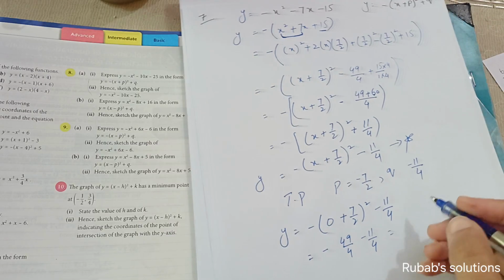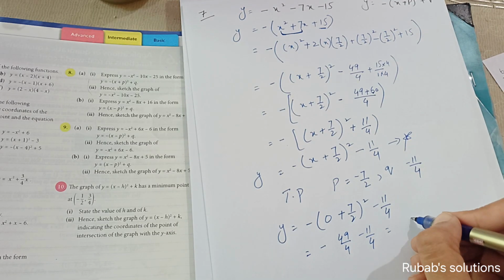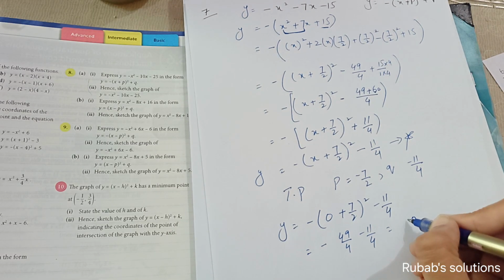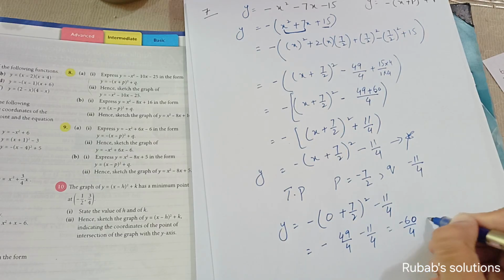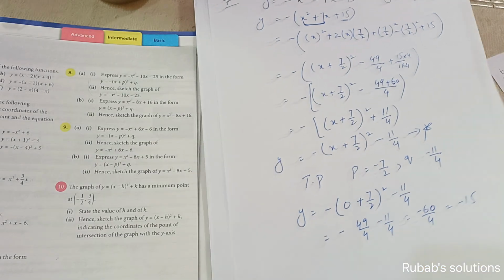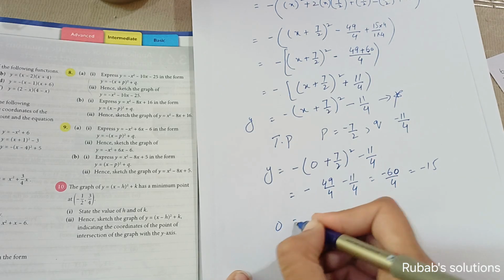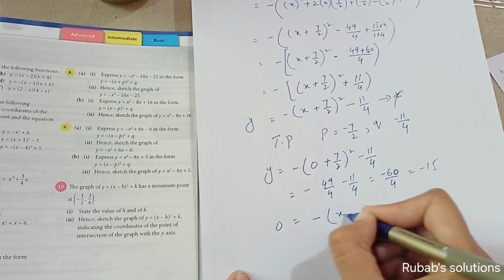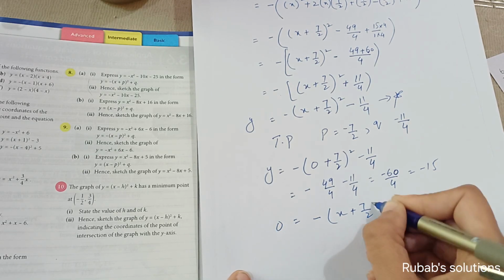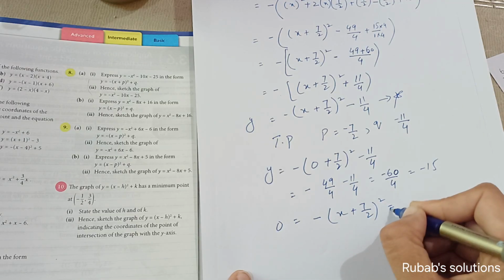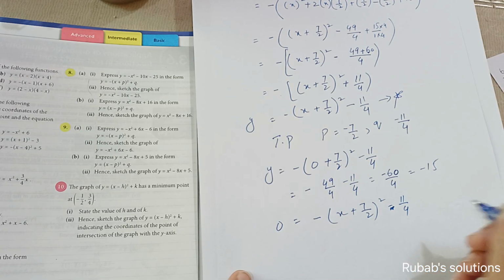So it will become 49 minus 11 is 38... minus 60 by 4, so minus 15. This is your y-intercept. For x, put y is equal to 0, so it will become minus (x plus 7 by 2) whole square equal to minus 11 by 4.